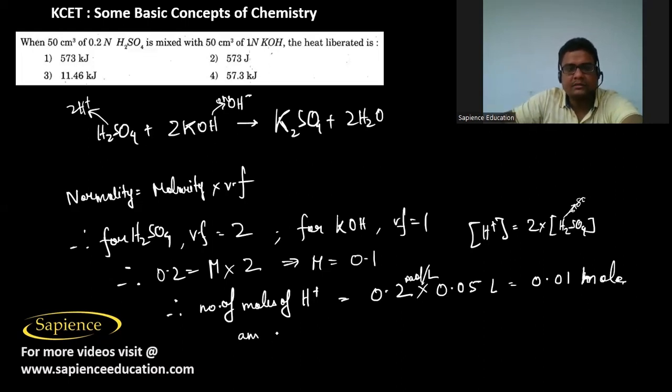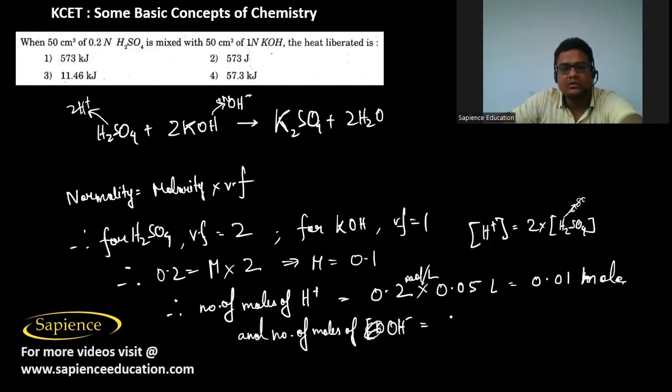And similarly, the number of moles of hydroxide ion, OH minus ion, will be equal to 1 normal KOH, so 1 into 0.05, that will be 0.05 moles.